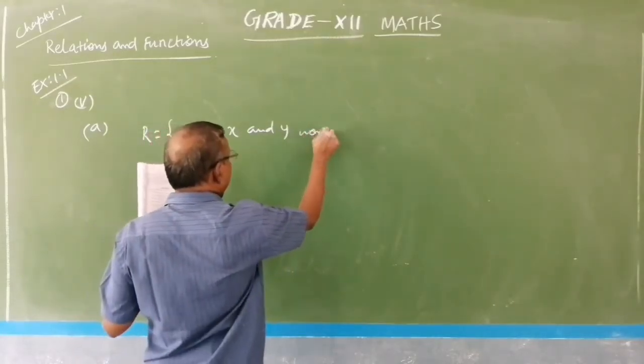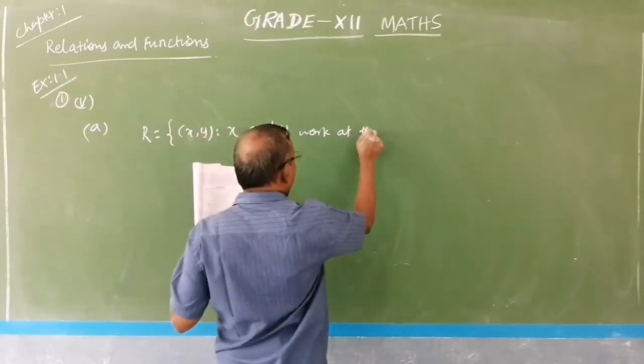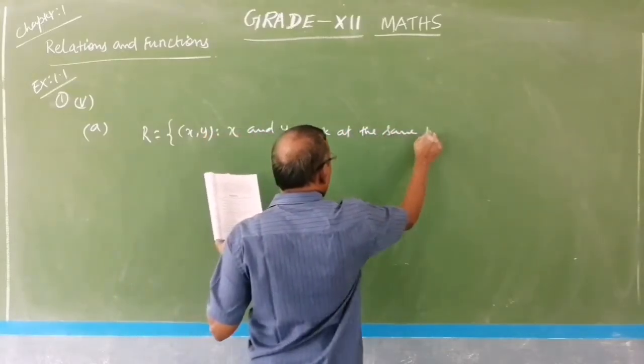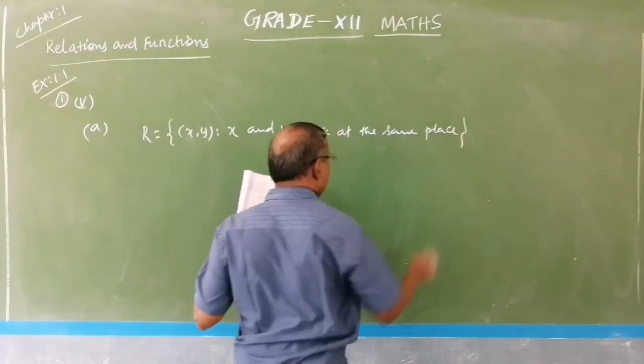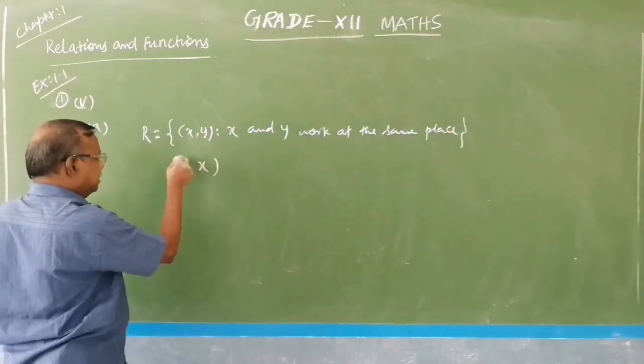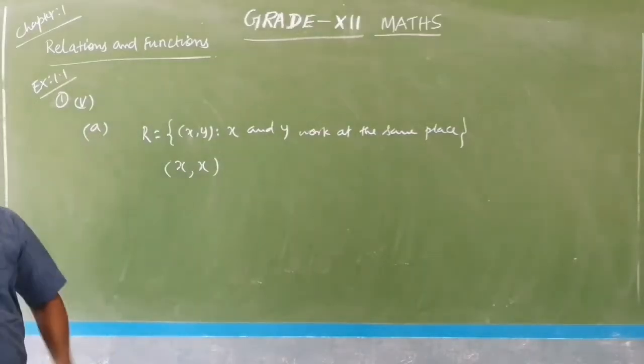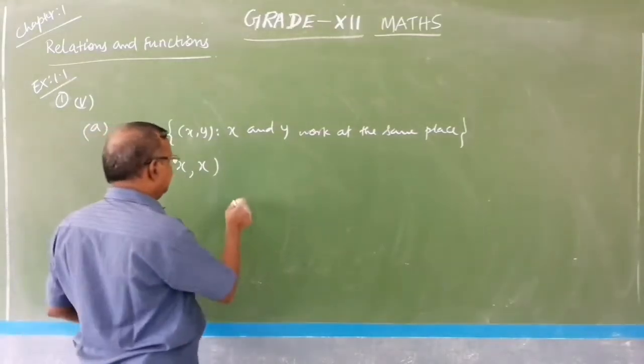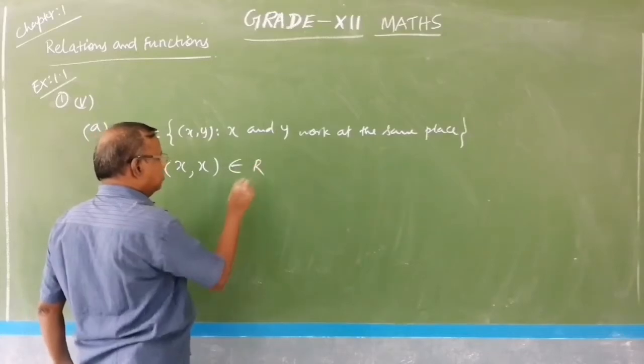Now (x, x), that is a person with himself, works at the same place. So (x, x) belongs to R.